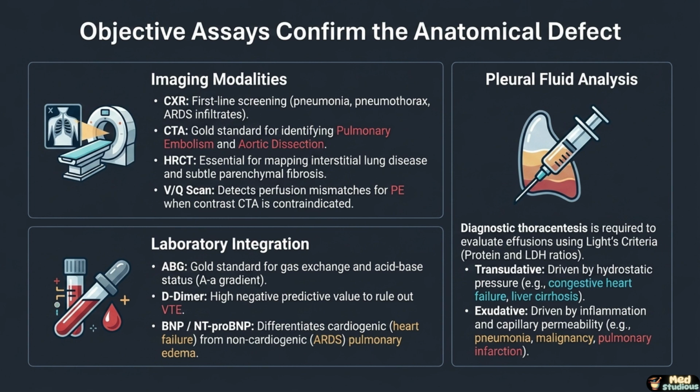Finally, when pleural effusions are present, diagnostic thoracentesis becomes necessary, applying Light's criteria, based on protein and LDH ratios, to classify fluid as transudative, driven by hydrostatic pressure changes like heart failure, or exudative, driven by inflammation and increased capillary permeability, as seen in pneumonia or malignancy.